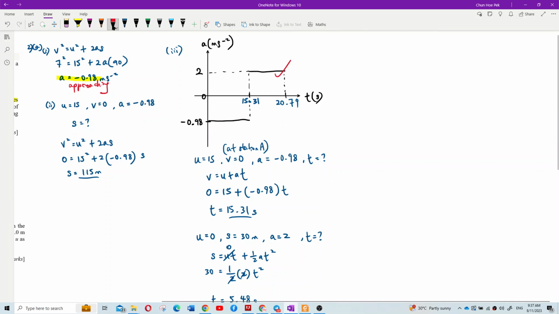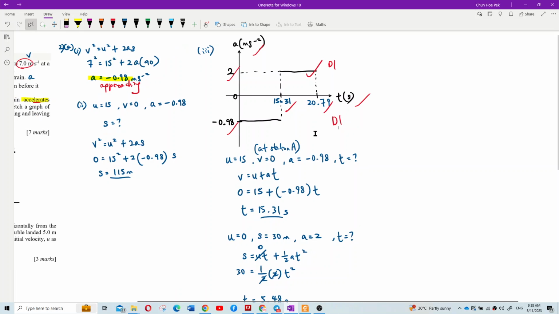If you get the shape of the graph correct, 1 mark, and then label the values all correctly, another mark. And also we check the unit. You have unit or not? No unit, we minus marks. So 1 mark, 2 marks. The values must get it correct.